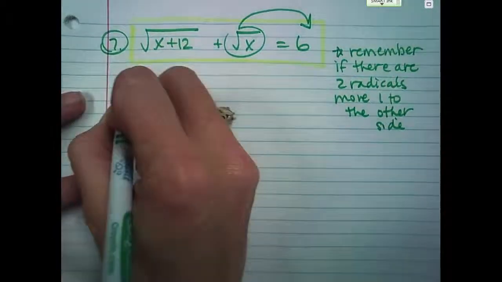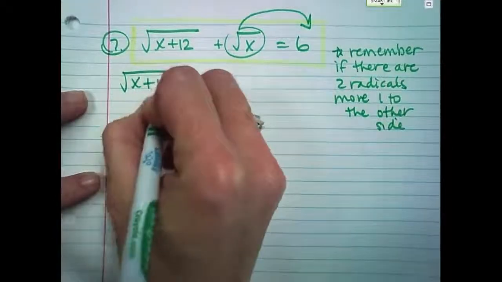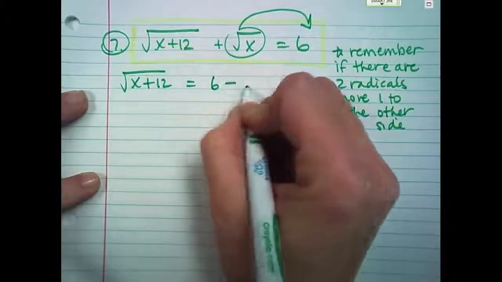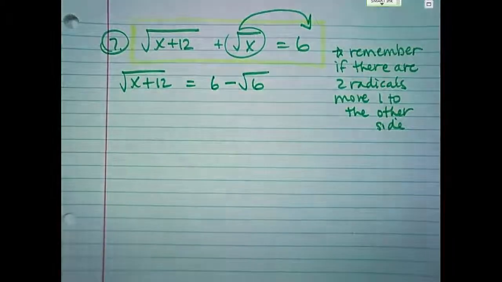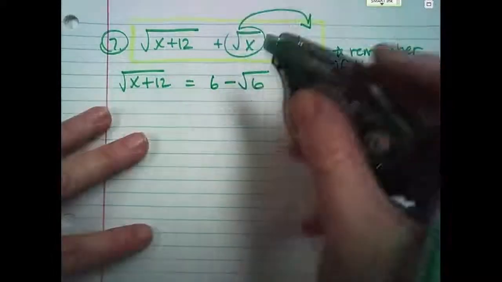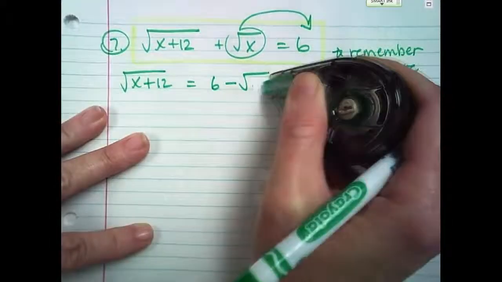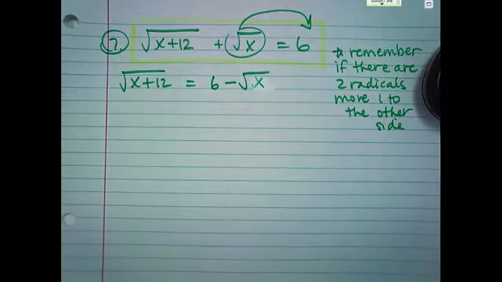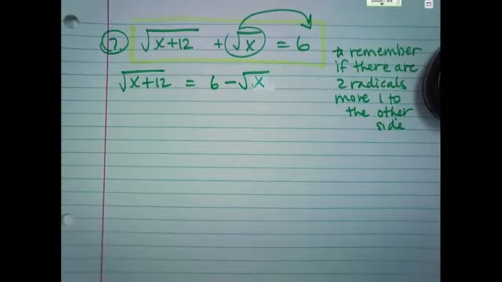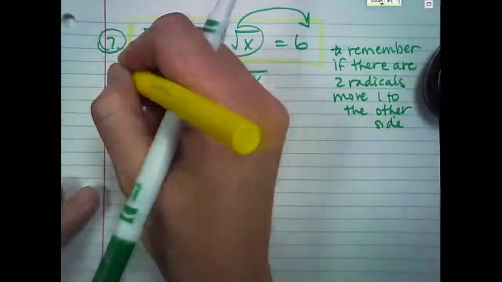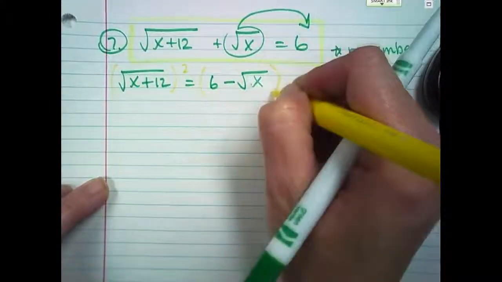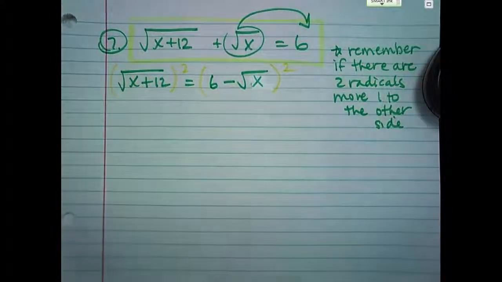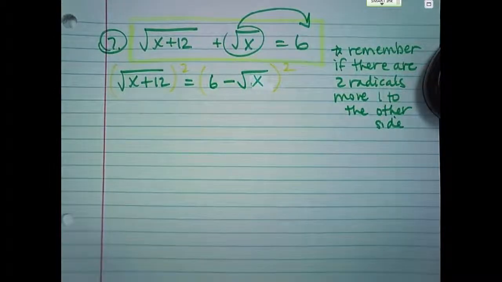Okay, so now you'll have square root of x plus 12 equals 6 minus root 6. I'm sorry, root x. Apologize. What are you going to do to both sides here? Excellent. Square both sides. All right, here's the test. Square that one and get it right. Try it.